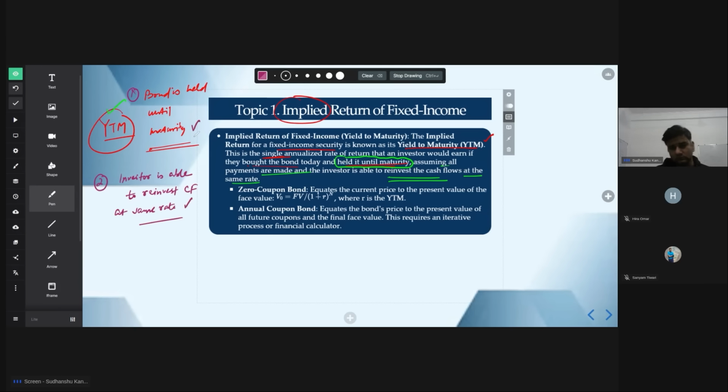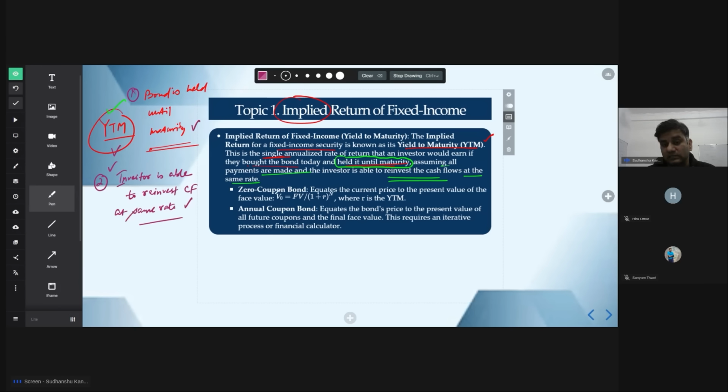All right. So that's the basic point we need to understand. Very important, guys. There is a reason I'm writing this here, because please believe me, they will give you a statement saying the bond is not held to maturity, or the investor is not able to reinvest cash flow at the same rate. If these assumptions are violated, the YTM cannot be found.